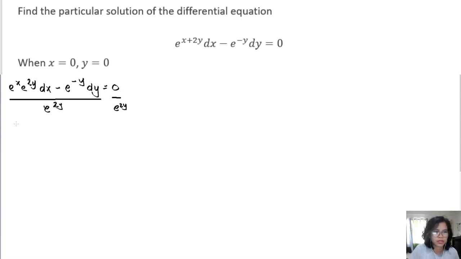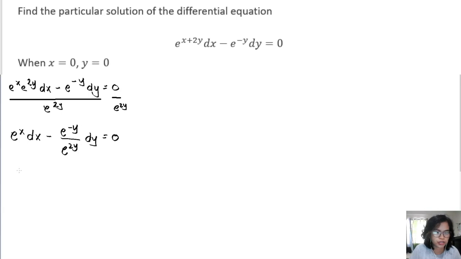Now what happens? It would become e to the x dx minus e to the negative y all over e to the 2y dy. And of course, 0 divided by anything, that is 0.